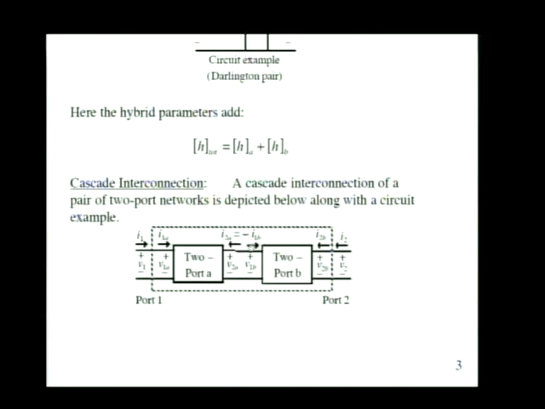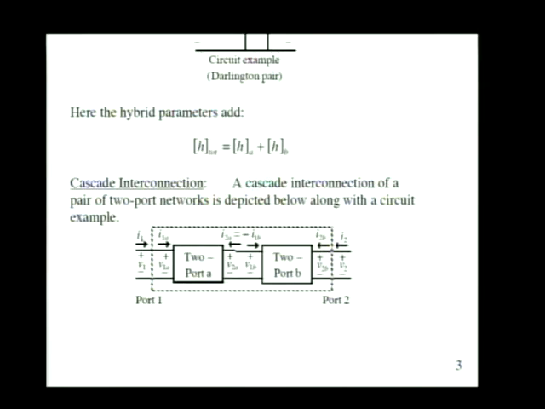All right, this might go a little ways toward explaining why the current I2 in the overall definition of the ABCD parameters appeared with a minus sign.